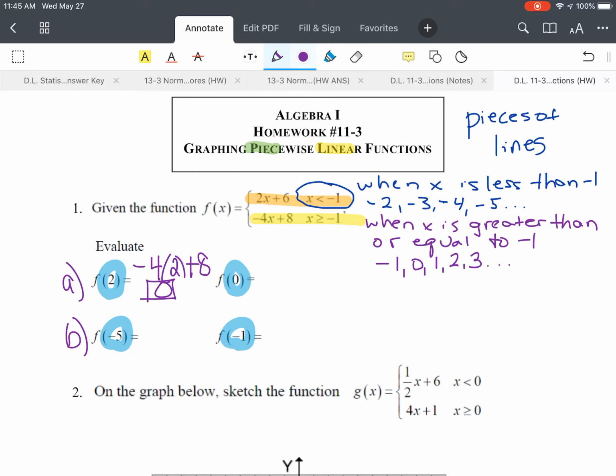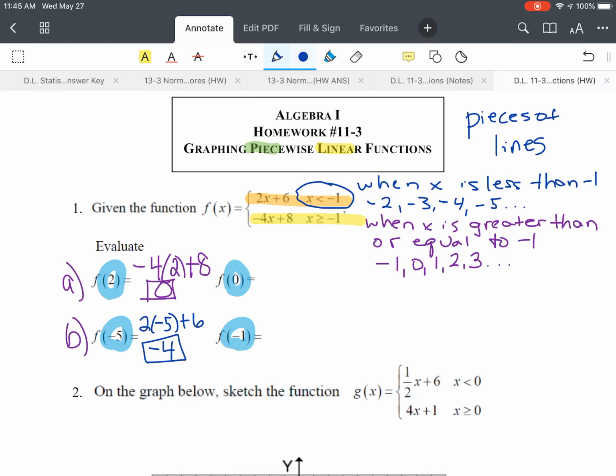So I'm going to plug that in. Pop that into your calculator, and I get -4. That's the y value. So if I were to go to graph this, not that I am graphing this one, I would graph the point -5, -4.